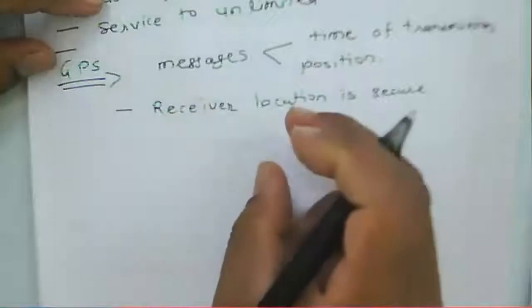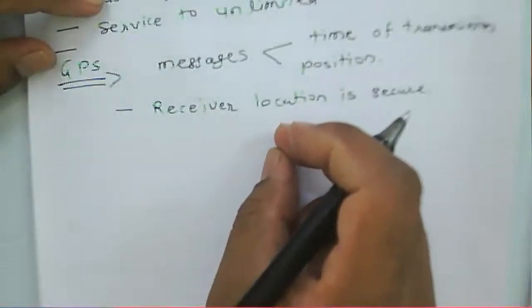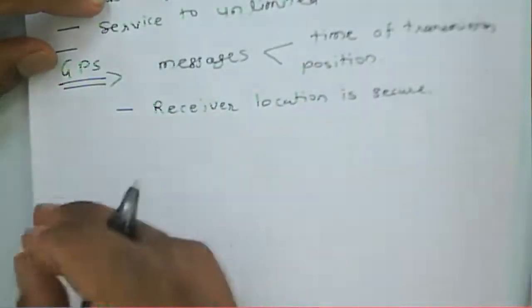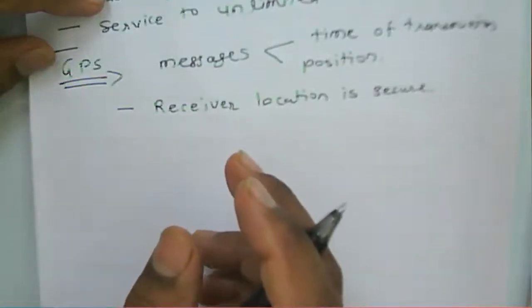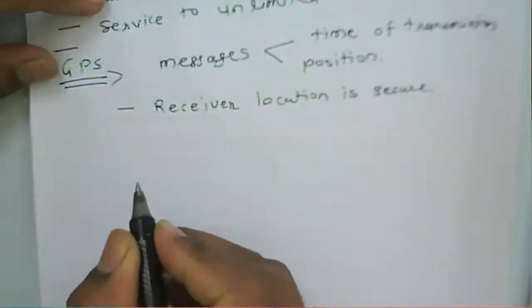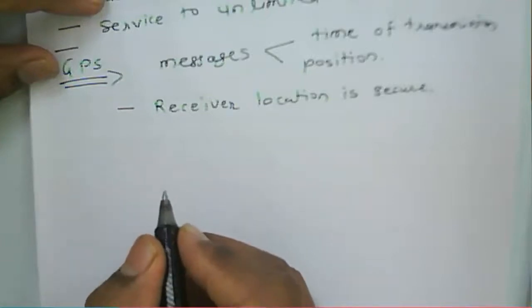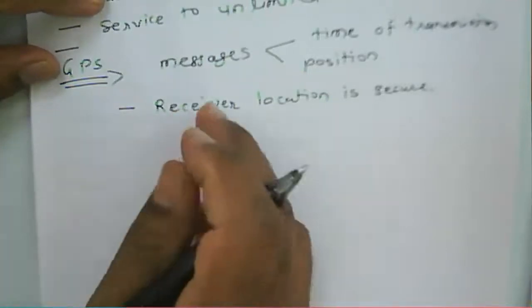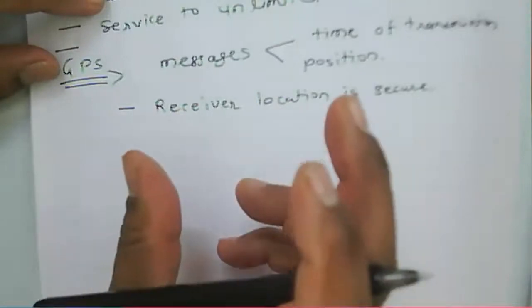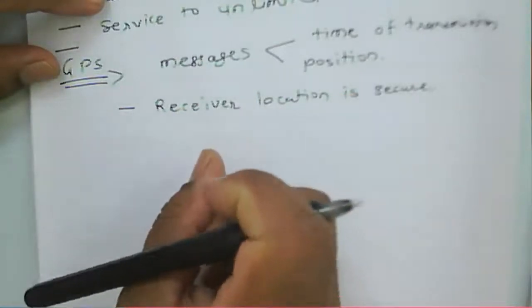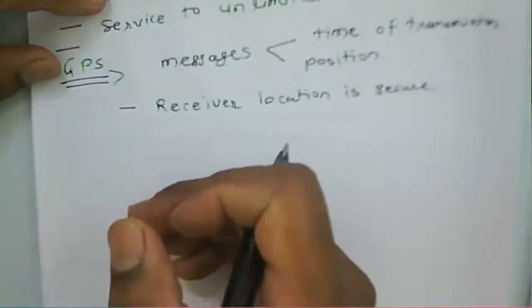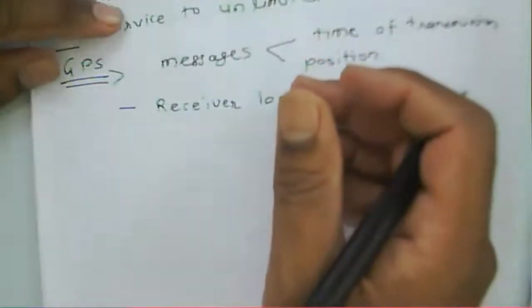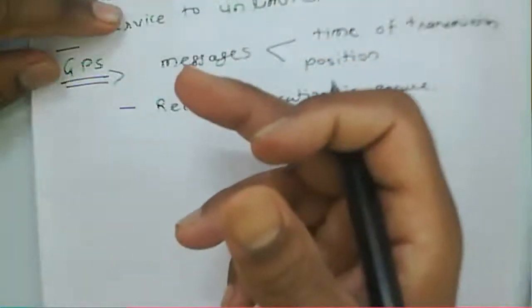Again, it is more accurate, with a variation of only a few parts in 10 to the power 14 hertz in 24 hours. Because they use an atomic clock on board the satellite, and they are synchronized with the earth clock.